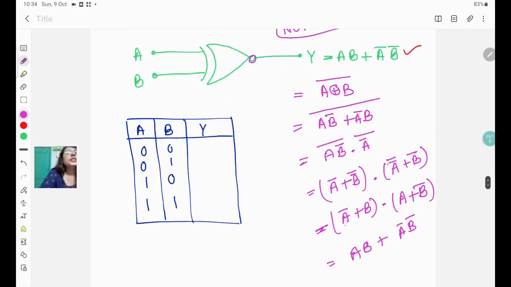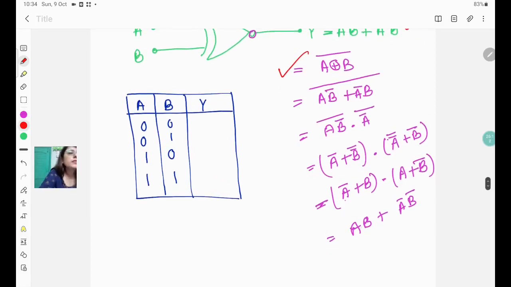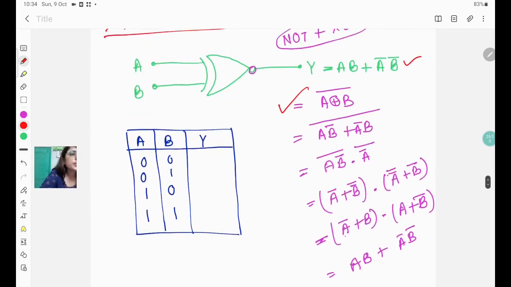We have just started from it, A XOR B bar, and it becomes AB plus A bar B bar, which is the Boolean expression of the XNOR gate, right?